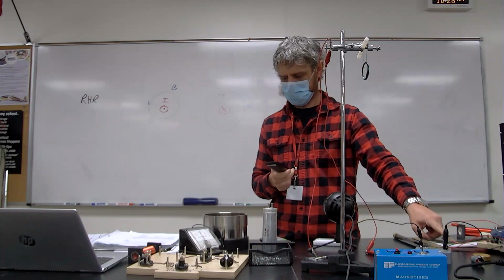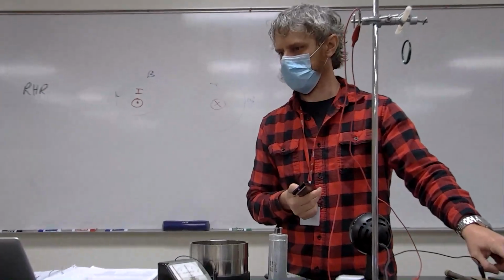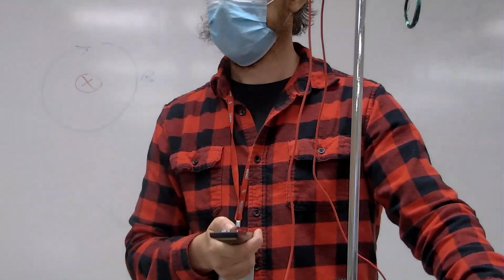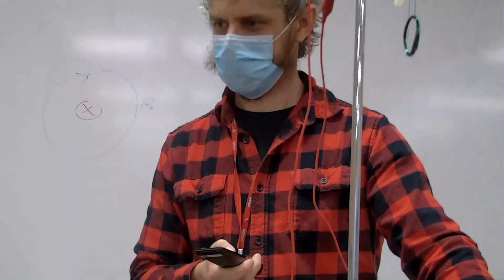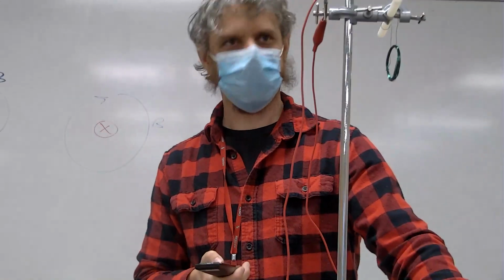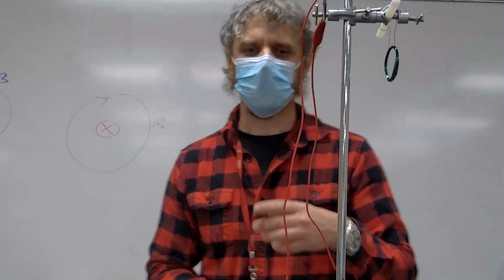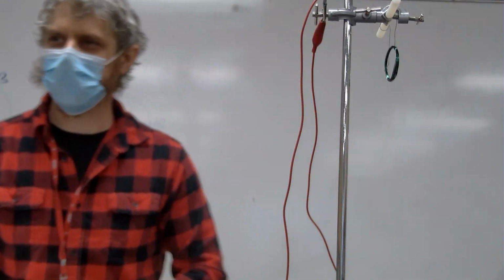Let me zoom in. On, off. On, off. Nothing's happening. That's because in order for a wire to feel a magnetic force on it, it must also have a magnetic field in the vicinity.